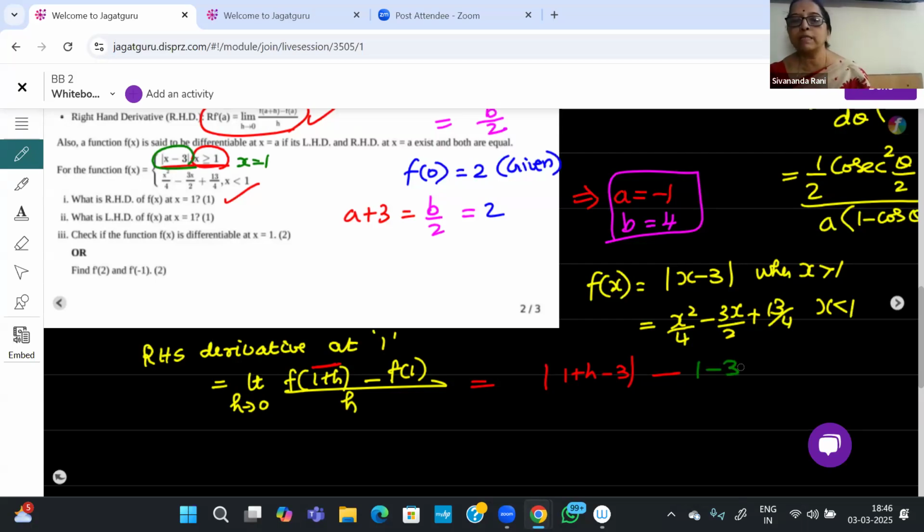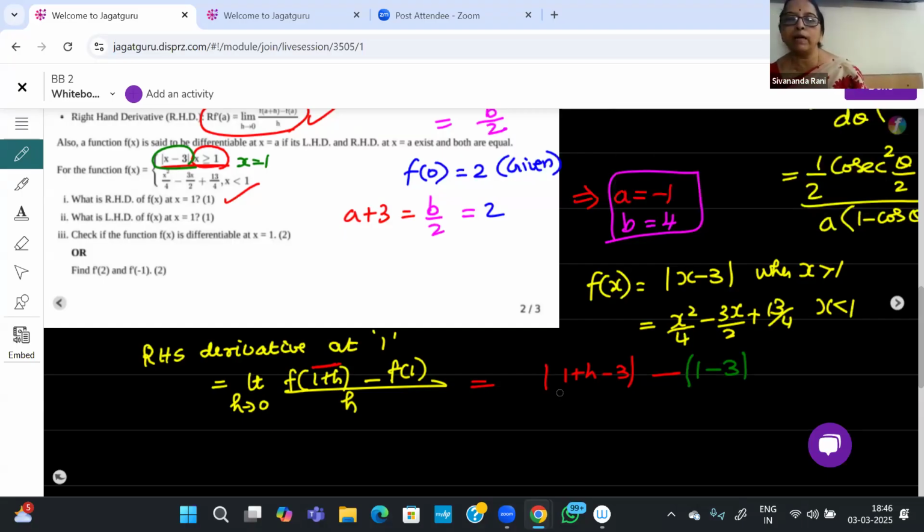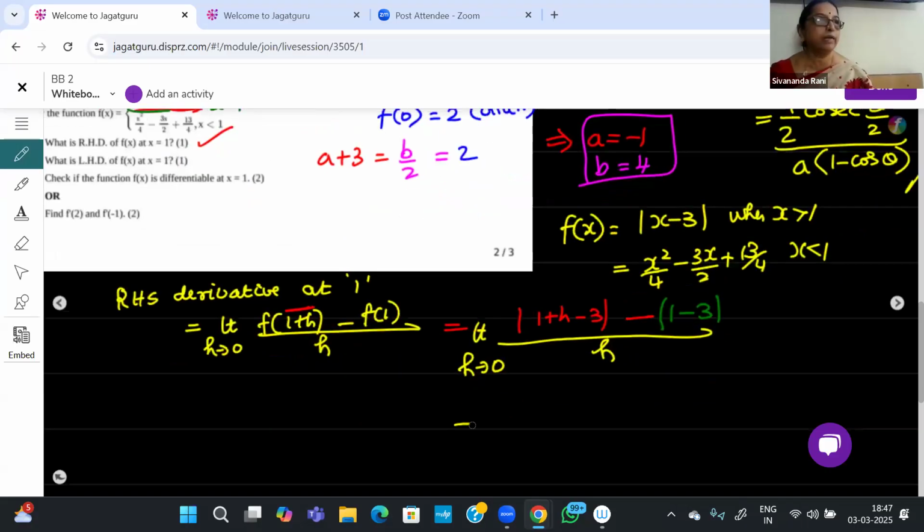So mod of 1 minus 3. Understood? F of 1 also I should substitute there only. After that, in the denominator, h, limit of h tending to 0. Could you get this much?